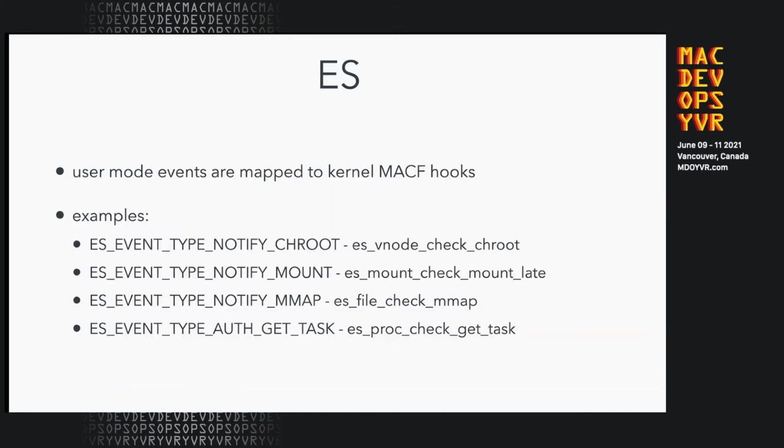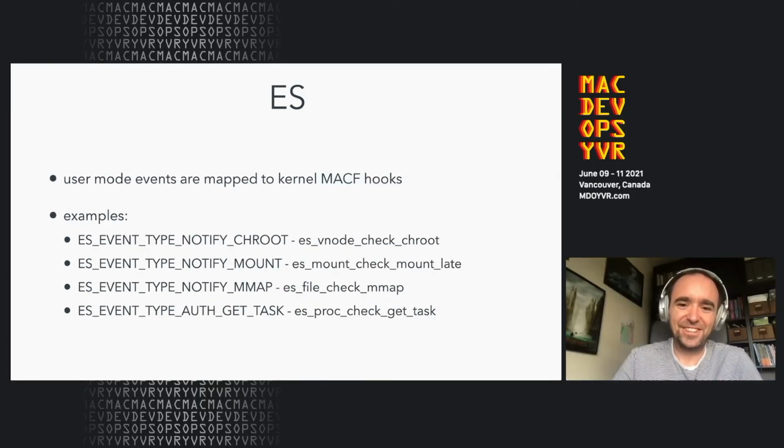And on a high level, and it's not 100% true, because there is also the KAuth framework and audit, but on a very high level, there is a correlation between the Endpoint Security events we can subscribe to with our Endpoint Security client and the MAC policy hooks.